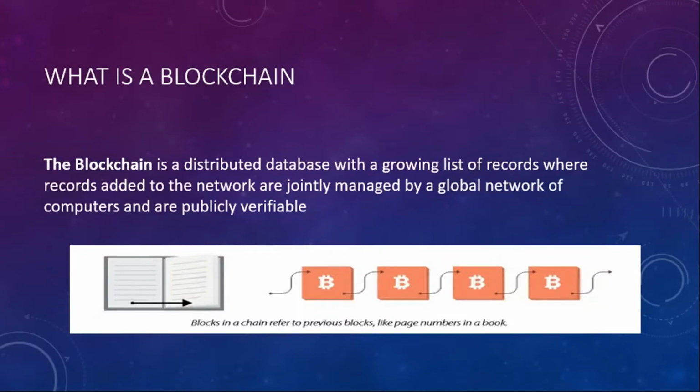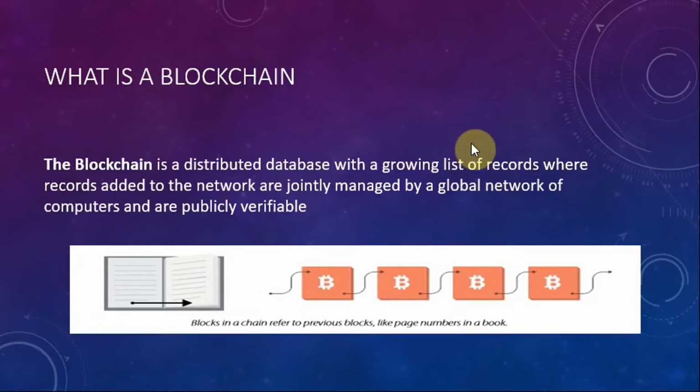Now, the blockchain is a distributed database with a growing list of records, where records added to the network are jointly managed by a global network of computers and are publicly verifiable. So think of the blockchain as a database, of course.